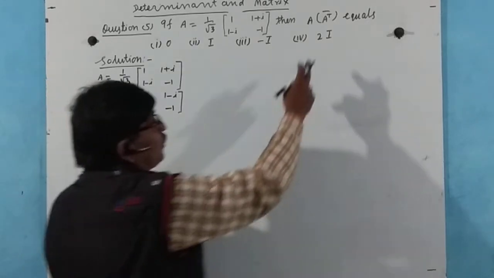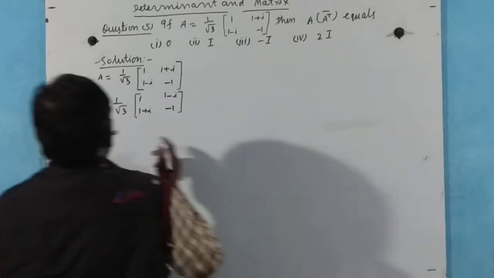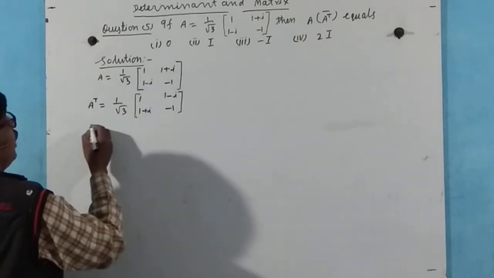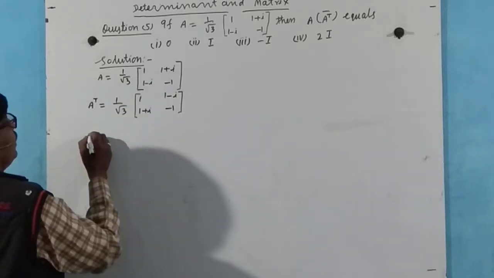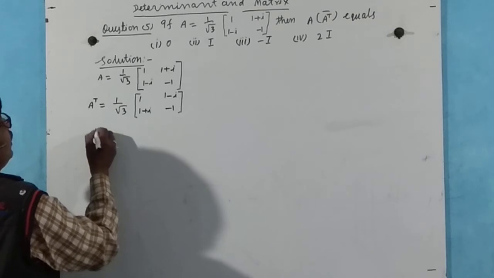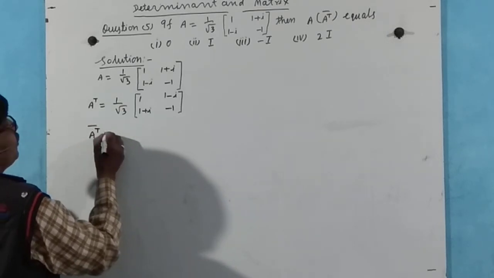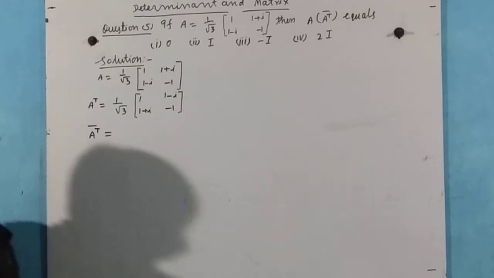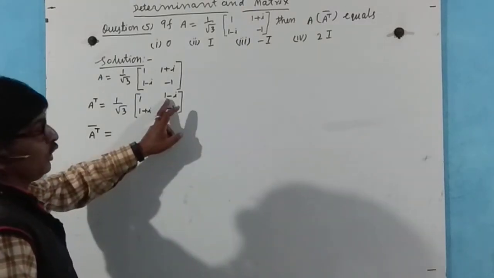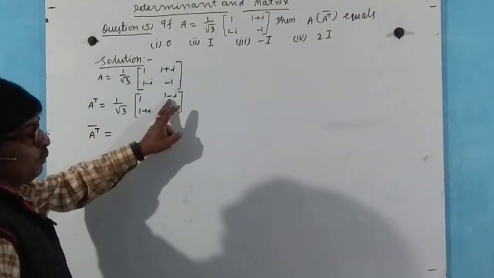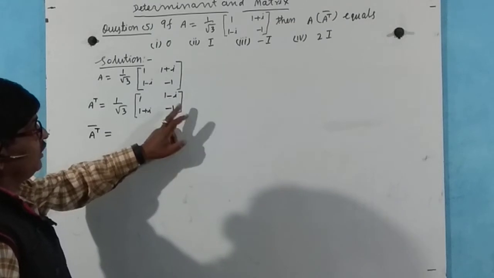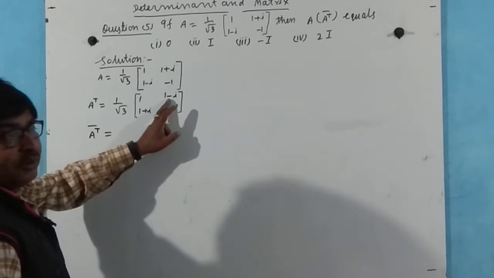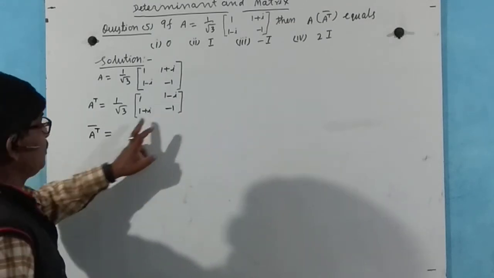Now we have to calculate the conjugate of the transpose of A. In this case, we change the sign of the complex quantity: if it is positive, it becomes negative, and if negative, it becomes positive.